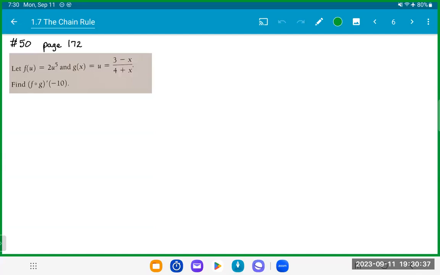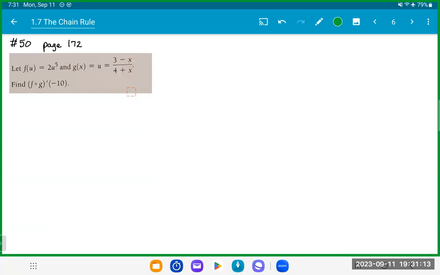Okay, so there's a lot of things going on here, and we just need to step through it one step at a time. So the first thing that we want to do, to not be confused with f and u and f of x and g of x and all of that, I'm going to call these functions. We'll call this function q and this function r, because we're going to need to do the quotient rule on g of x.